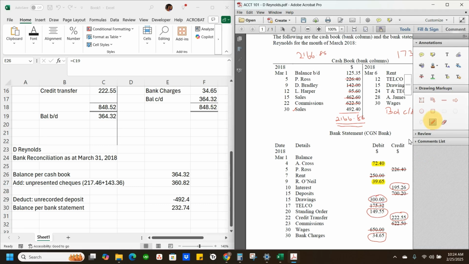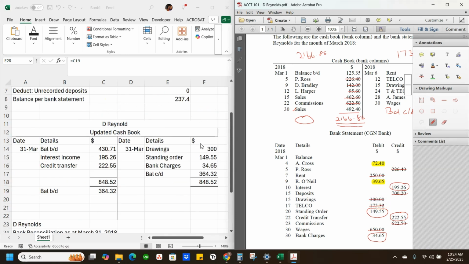Oops, sorry, just let me highlight that error then. Not allowing me to cross it off. Oh, I can move that. All right, cross it off and we are good there. Now that we've identified it, we will remove it from our calculation.